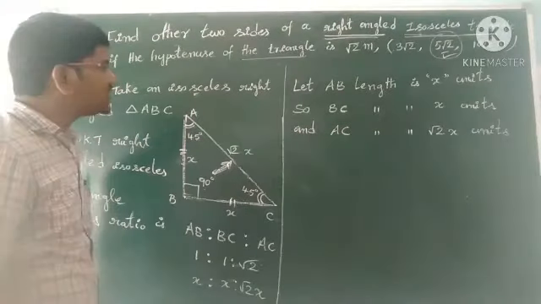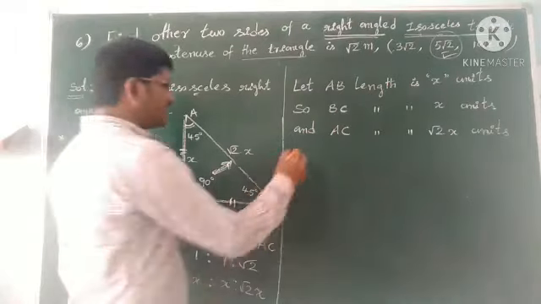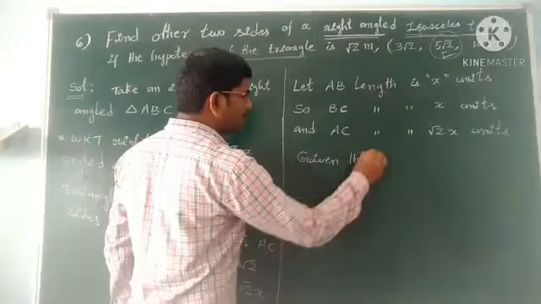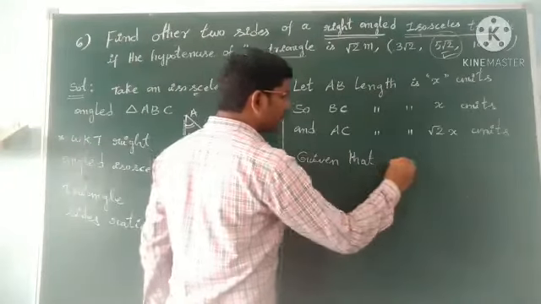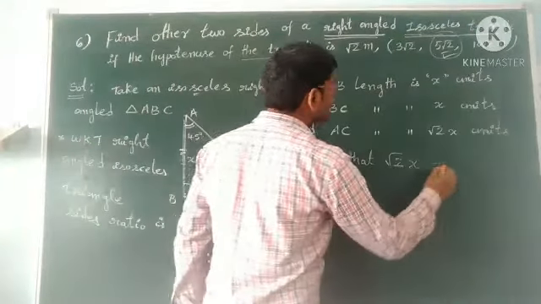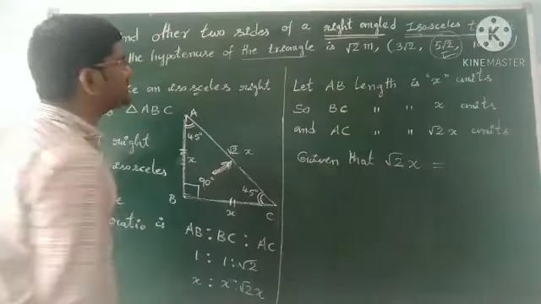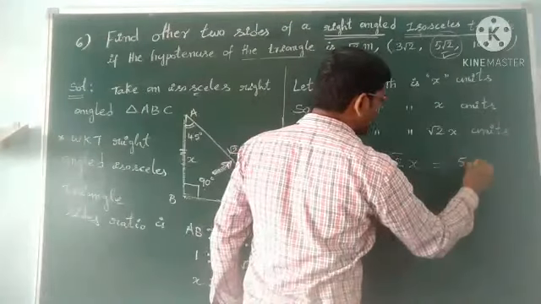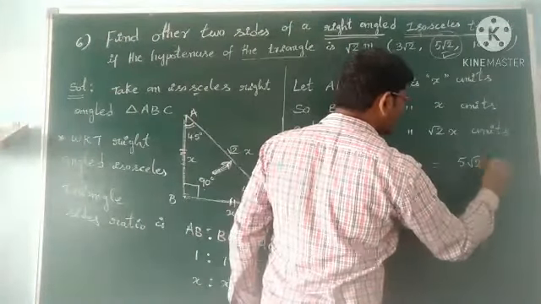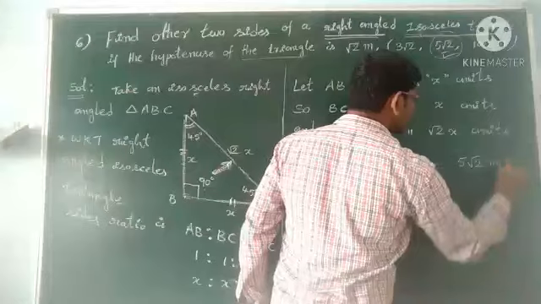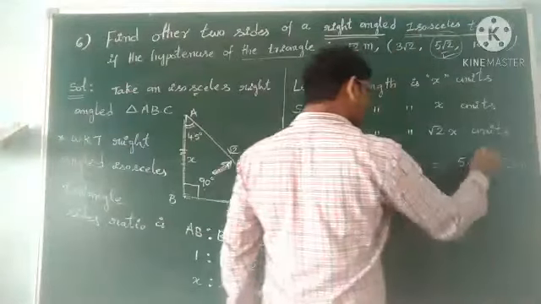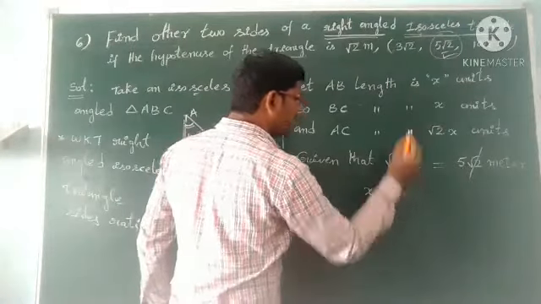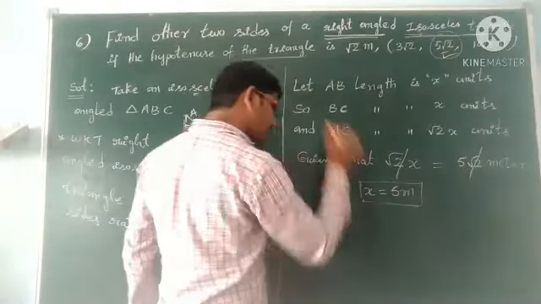Okay, so now see students, given that root 2 into x is equal to the hypotenuse of the triangle, 5 root 2 meters. Then root 2 gets cancelled, and x is equal to 5 meters. This is the answer we got.